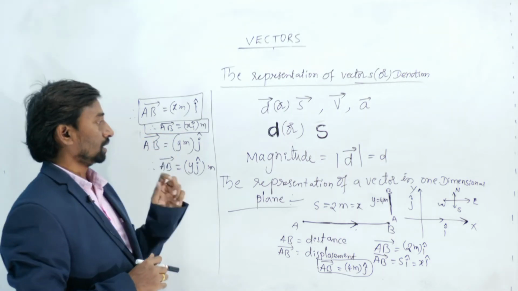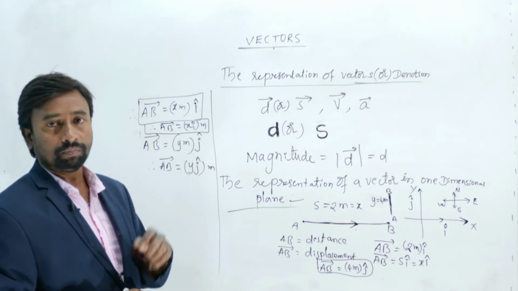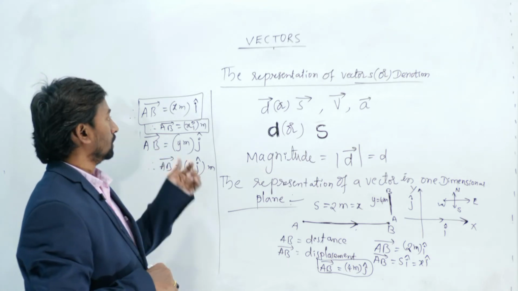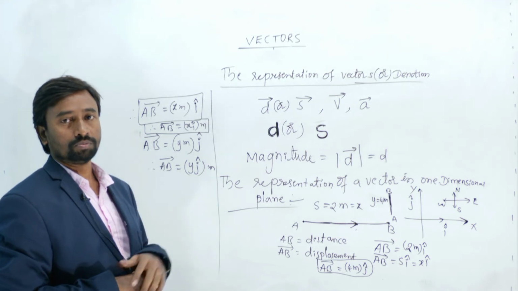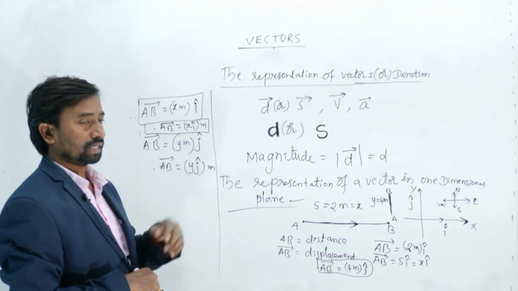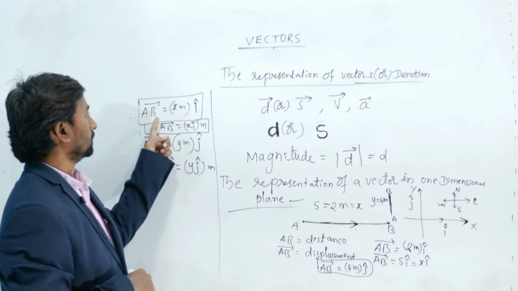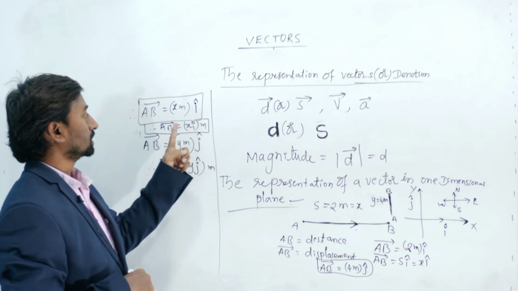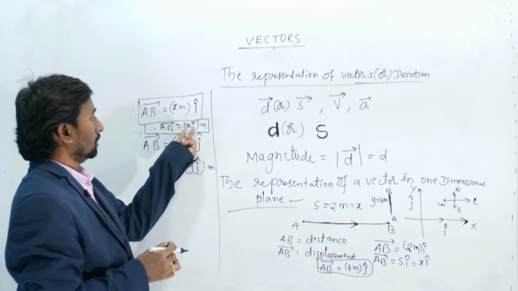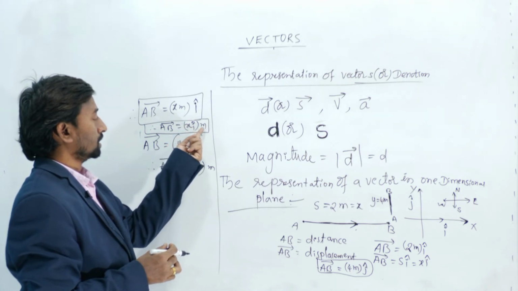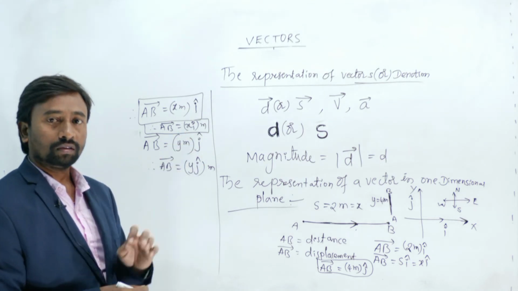So any physical quantity can be represented by an alphabet with a bar over it, and in vector form we write the magnitude of the physical quantity multiplied by the unit vector along the direction in which it is moving.